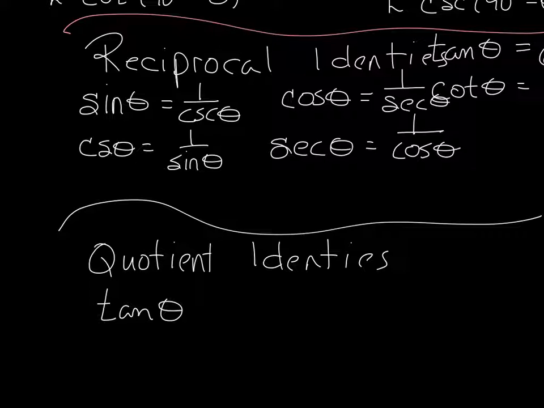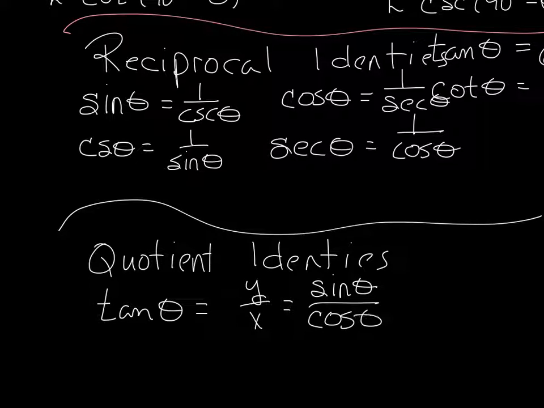But y value, what was associated with the y value on the unit circle? The sine. We had y over x on the point from the unit circle. But the sine we got from the y value, what did we get from the x value? Cosine. So the quotient identity is that the tangent of theta is equal to sine over cosine.